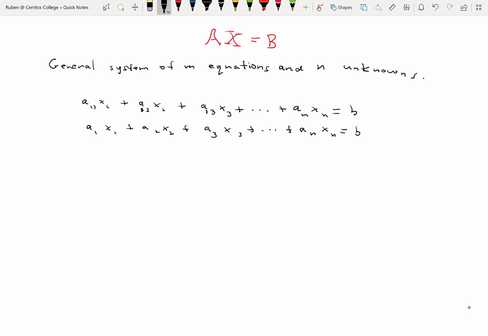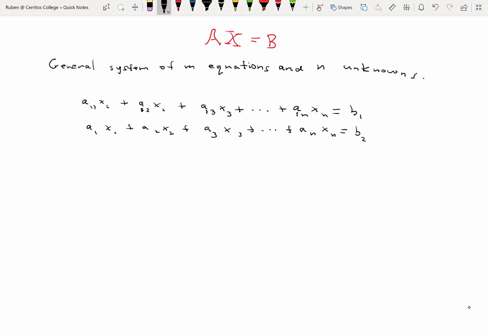So the coefficient of xn will be a1n, with n as the second subscript for the nth variable. And we're going to have m equations, so we're going to need to do something on the other side with b. So we'll say b1. So the second equation will have b2, and then we change the coefficients to include double subscripts to accommodate that we have a whole lot of equations to write out.